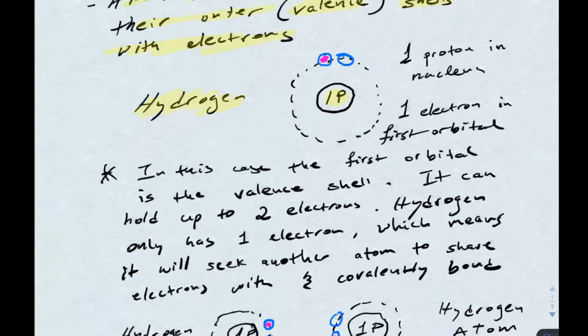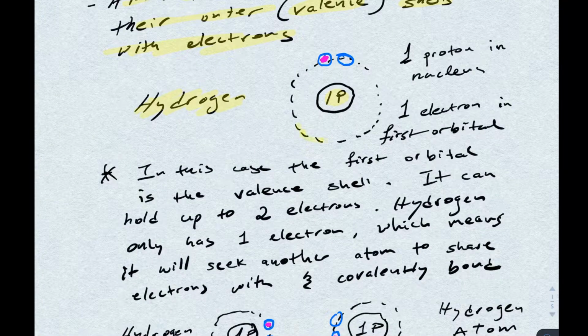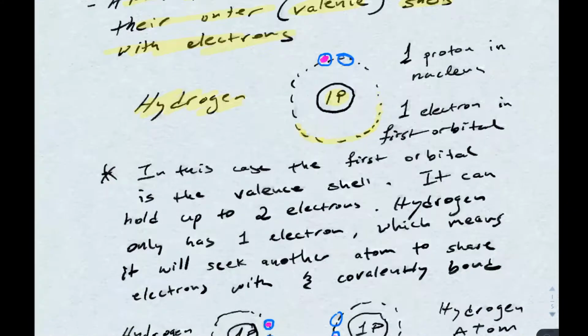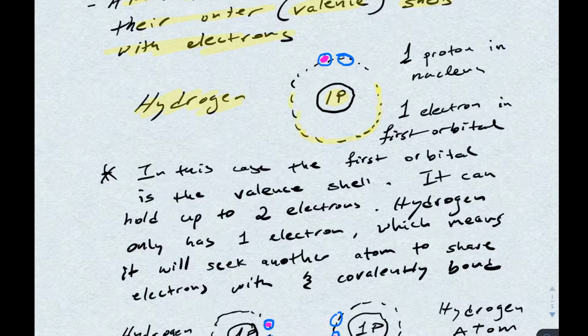In the orbitals, what we see is 1 orbital, because it is a small atom, with only 1 electron, which is this one right here. This empty space here shows the space that a second electron could take within that first orbital.